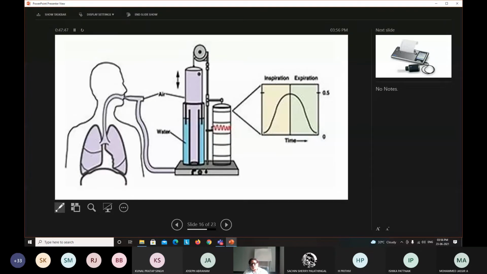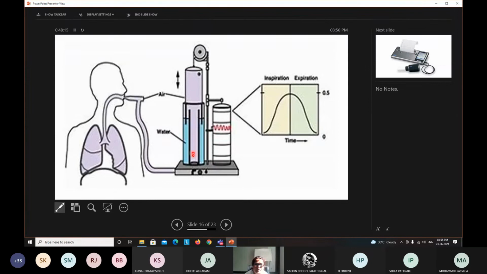What is the instrument used here? In our laboratory, the one which we use is called a recording spirometer. Why is it called a recording spirometer? Now you can have a graphical record of the movements occurring on this particular cylinder.